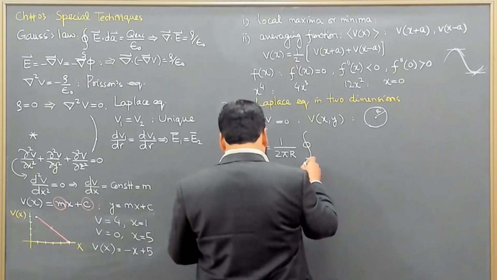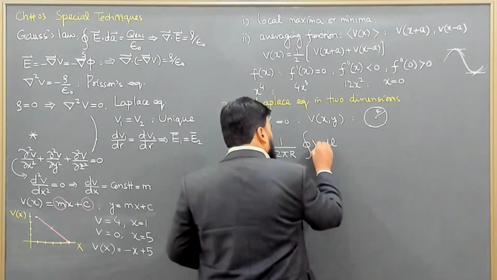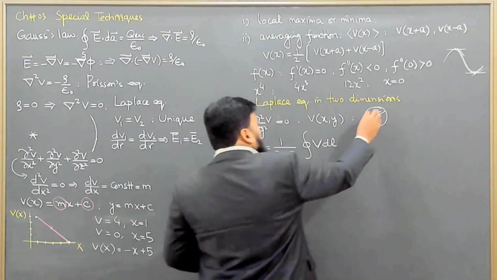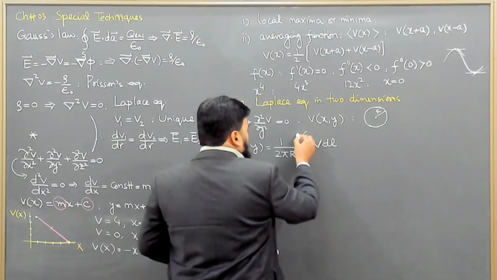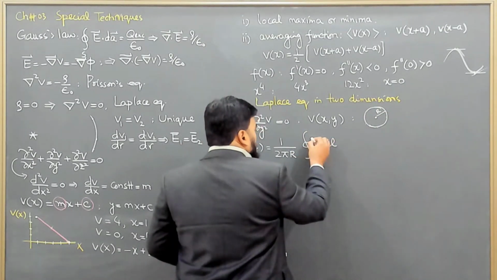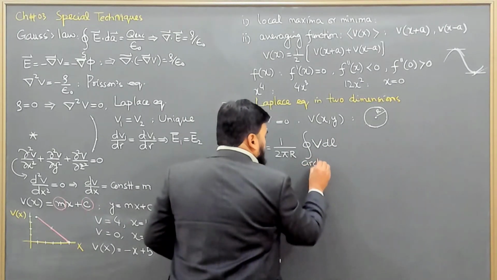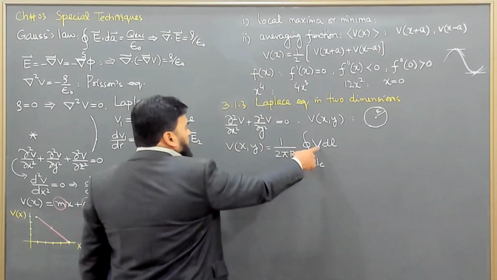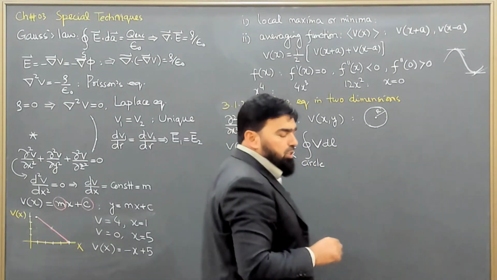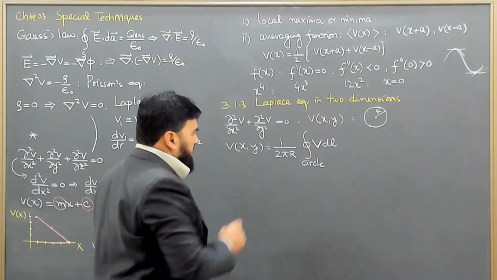So we are going around the circle with V dl, the potential, and along dl, around a closed circle, this gives us the circumference of the circle, and V comes out to be the average value of this system.